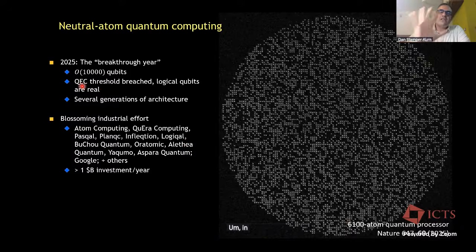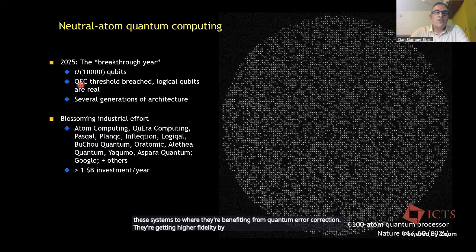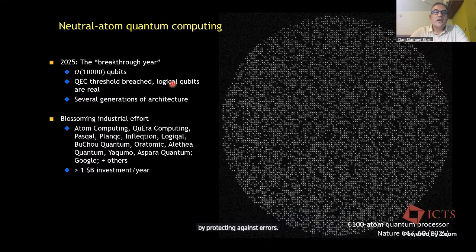In experiments separately at Harvard, people have taken these systems to where they're benefiting from quantum error correction. They're getting higher fidelity by protecting against errors. They're conducting actual algorithms using logical qubits. So, wow, this is really a game changer.